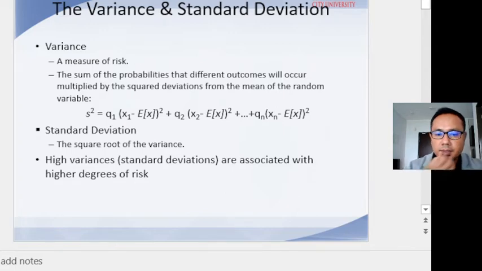That's the expected value of a random variable. So we can see that it's the sum of the probabilities that a different outcome will occur times the resulting payoff.